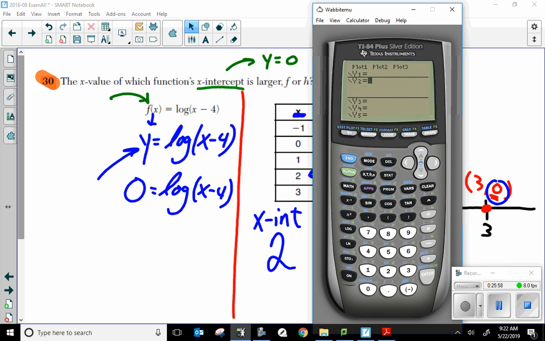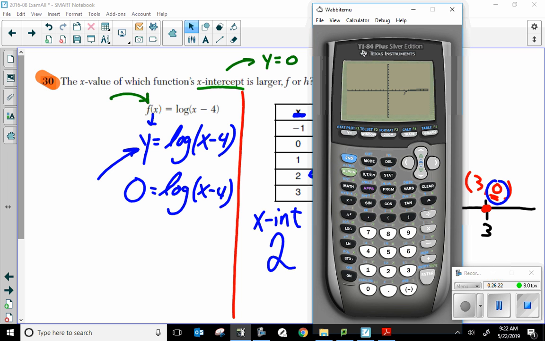And I'm going to put in log, which is right here next to the number 7 button. I'm going to put x minus 4, just as it's written. And I am going to graph this. Let's make sure the window is standard: if we go to zoom, I want 6, ZStandard. That will bring me back to a 10 by 10 window.